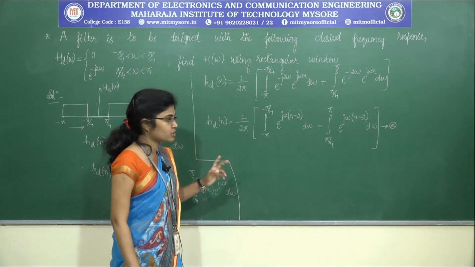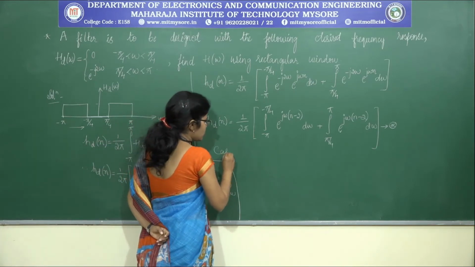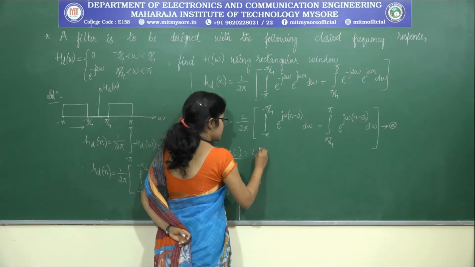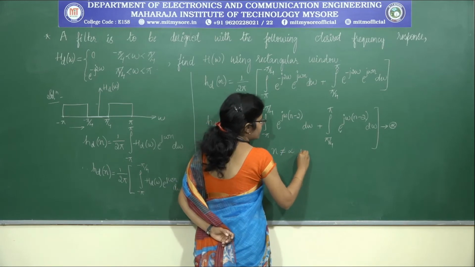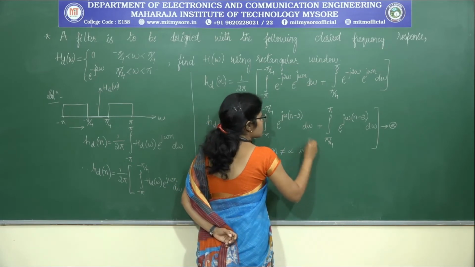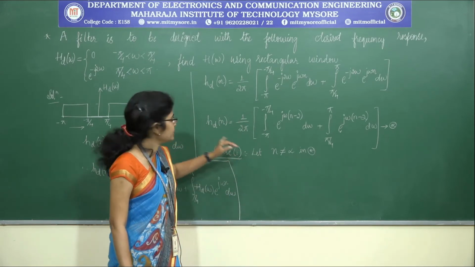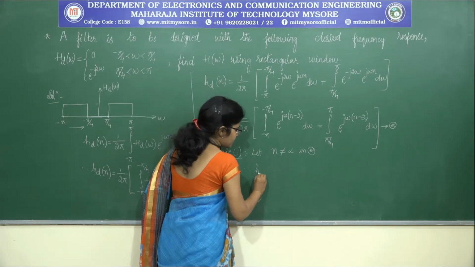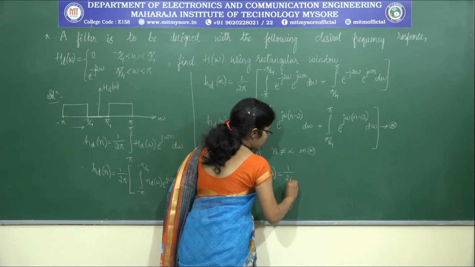Now we should deal with two cases with respect to equation star. In case 1, let n be not equal to alpha in equation star. Here alpha is nothing but 2. So if n is not equal to 2, let us see what happens to HD of n. Therefore, HD of n will be equal to 1 by 2 pi.